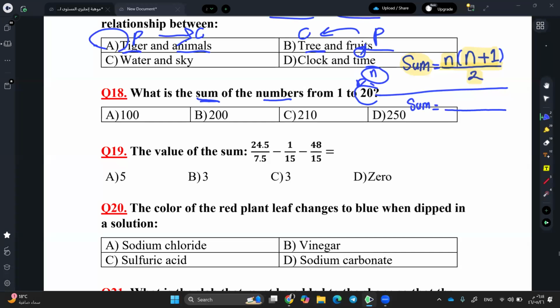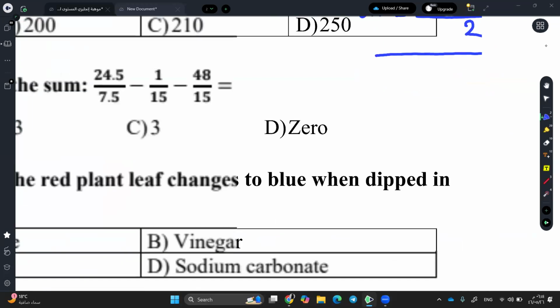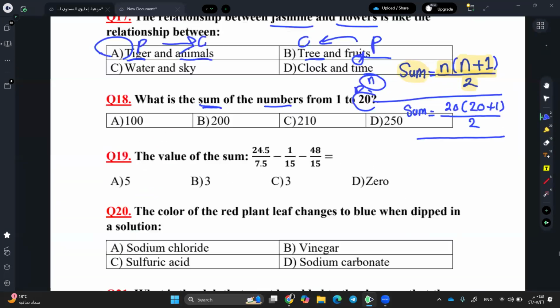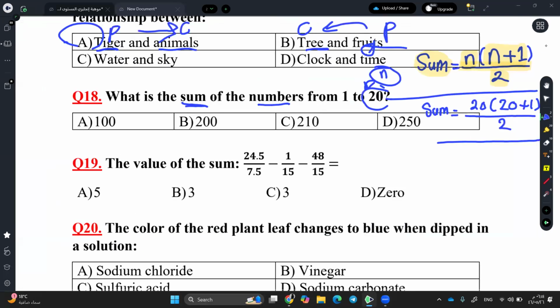So here the sum is 20 times 20 plus 1 over 2. And then it's going to be like that. Oh, sorry. So the sum equals 20 times 21, because 20 plus 1 is 21, over 2.